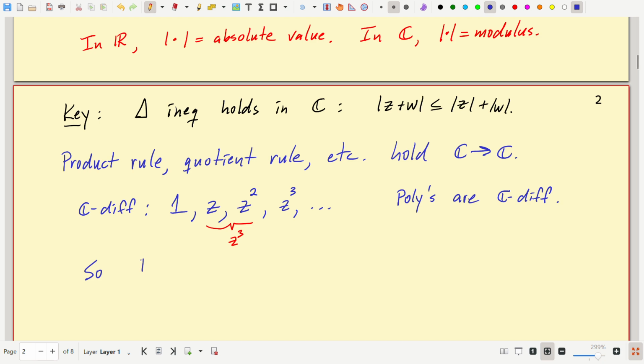So rational functions: a rational function would be the quotient of polynomials, so these two things are polynomials.